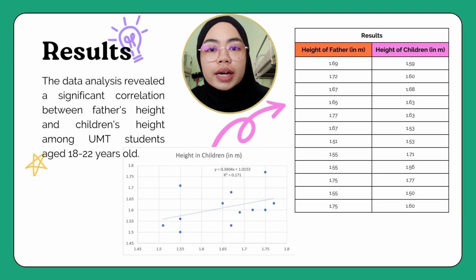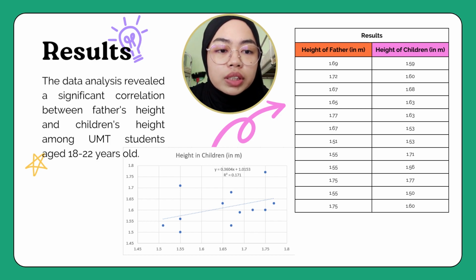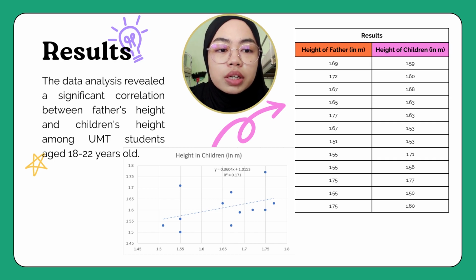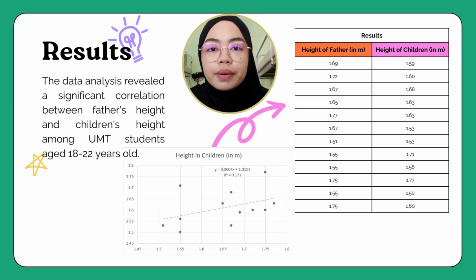The graph was done using Excel, and the linear line can be drawn after you set the function of the shown data. From the graph you can see we got the equation y equals 0.3604x plus 1.0153, and the value of R squared is 0.171.